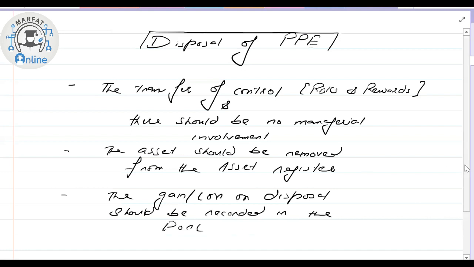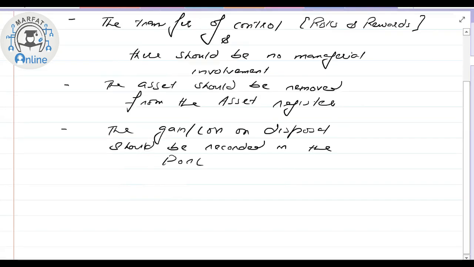Because they are selling the asset, either they will be selling it at a gain or loss, it should be recorded.